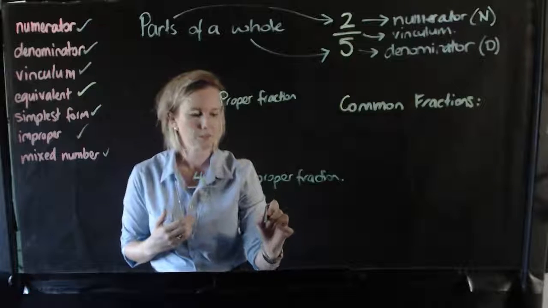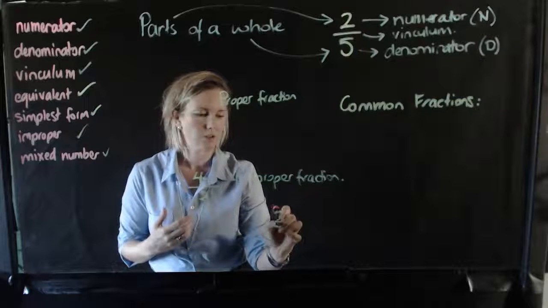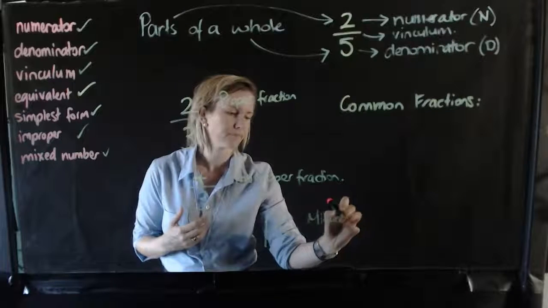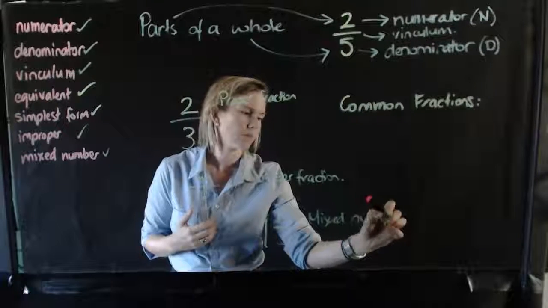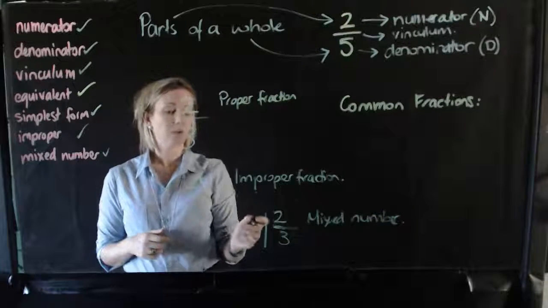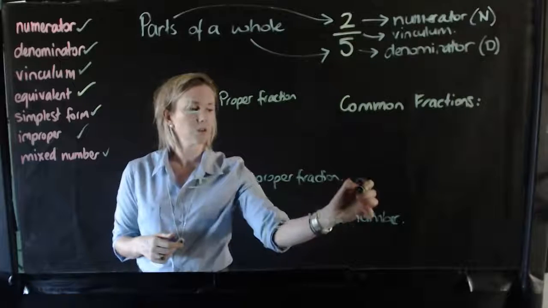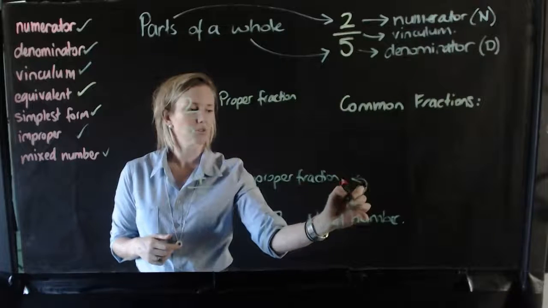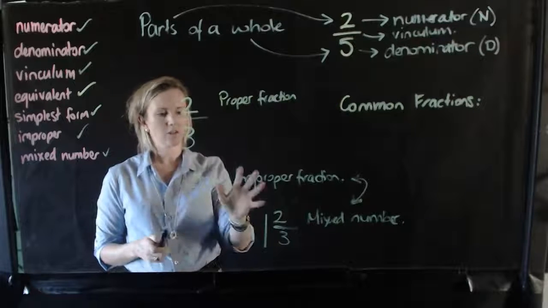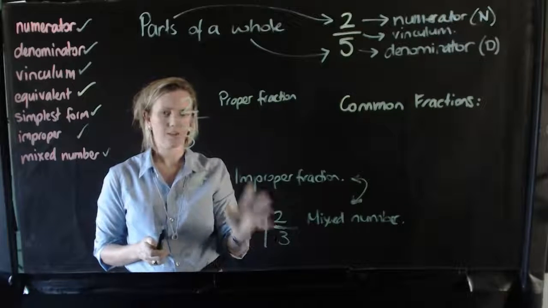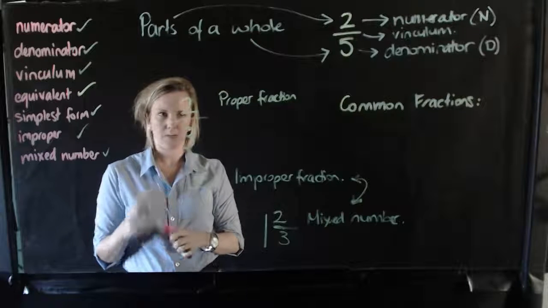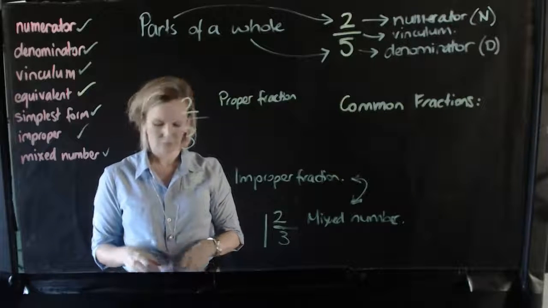So for example, you might have 1 and 2/3, and that's a mixed number. And you can switch between these two by doing a couple of really easy steps that I'll show you in a later video, but you often have these having the same value as each other, but you'll need to change between them. As I said, I'll show you that a couple of videos later.